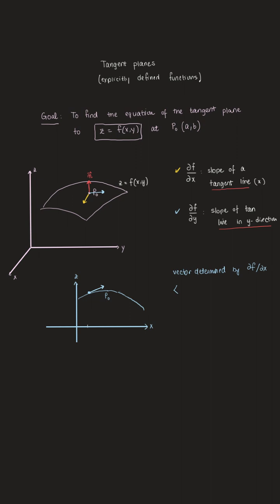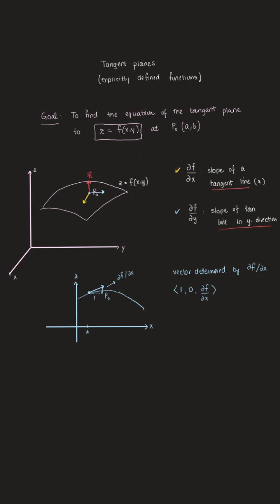If here's a little x, and I move 1 unit to the right, and we're not moving y at all because y is fixed, then the distance that we move up on the tangent line should be df dx. That's the meaning of slope of a line, right? If I move 1 unit to the right, then the distance that I move up is going to be df dx. The slope of that tangent line is df dx over 1. So we now have a vector that's determined by df dx.